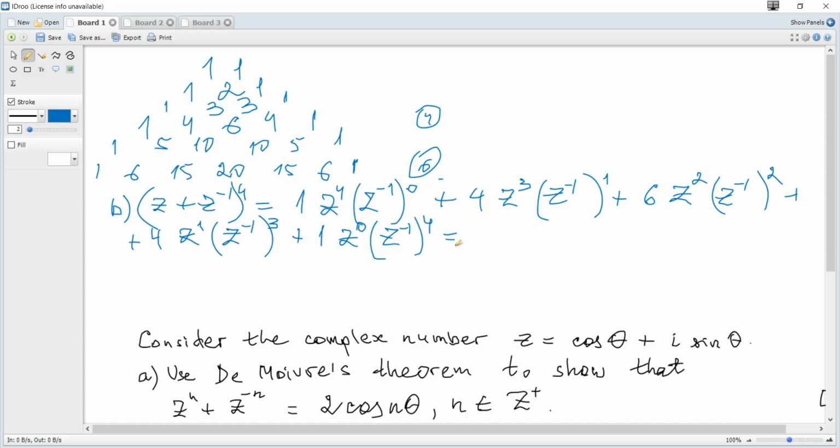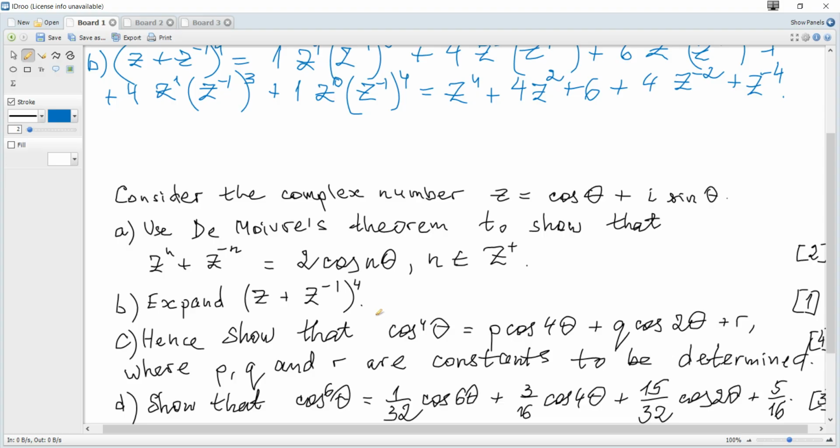And let's simplify it. So it's just z to the power of 4 plus 4z squared plus 6 plus 4z to negative 2 plus z to negative 4. So it's the required expansion.